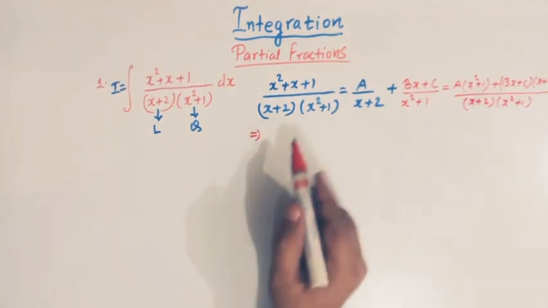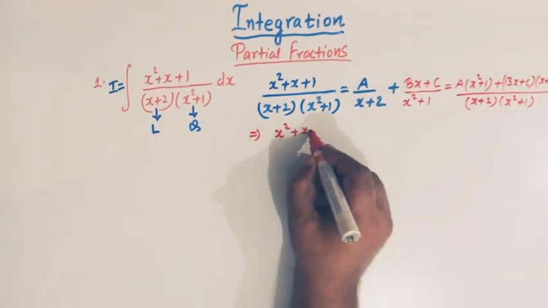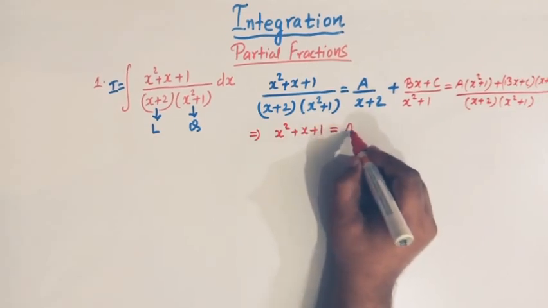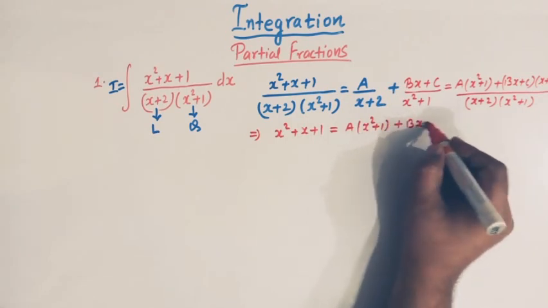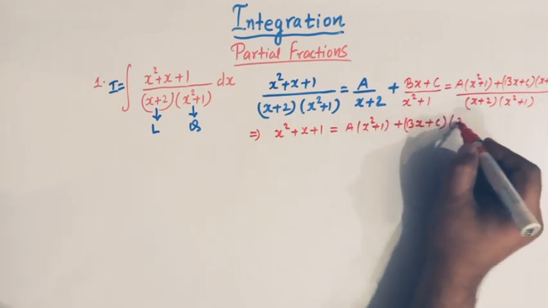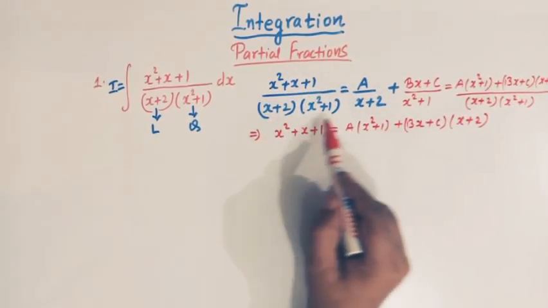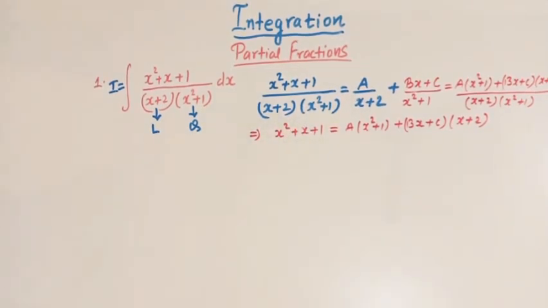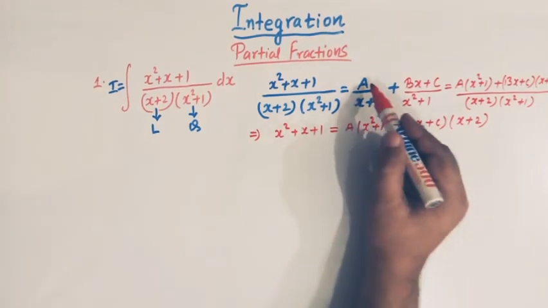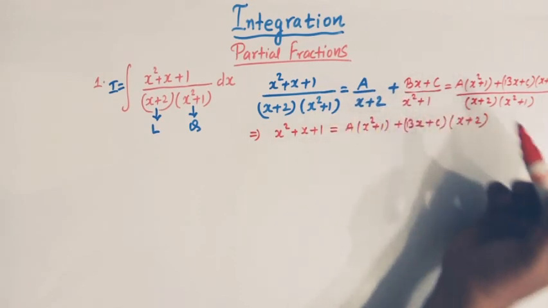So now this expression can be written as x square plus x plus 1 is equal to a times x square plus 1 plus bx plus c times x plus 2, right? So we have decomposed this rational function into two partial fractions, the first one is a divided by x plus 2, and the other is bx plus c over x square plus 1.